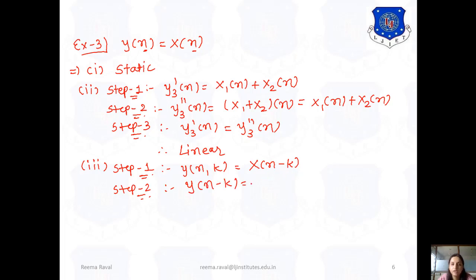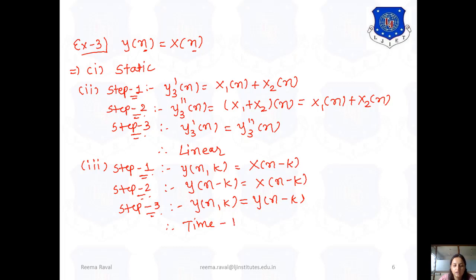That means whenever there is n, we replace it by n minus k. As you can see, both of these are equal. So step 3: y of n comma k equals y of n minus k. So this is a time invariant system.